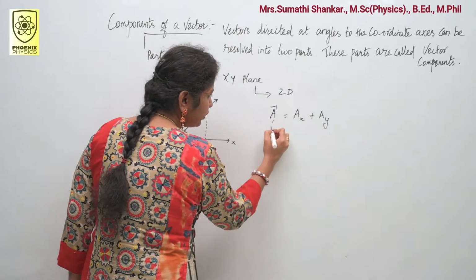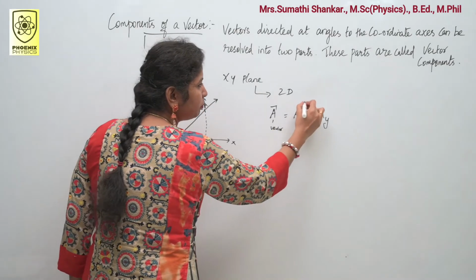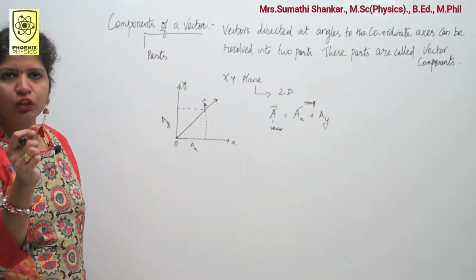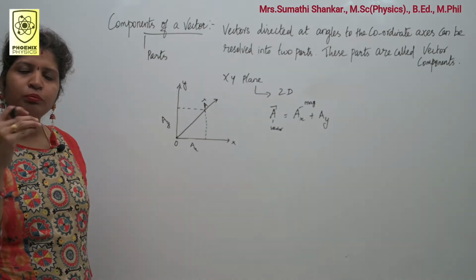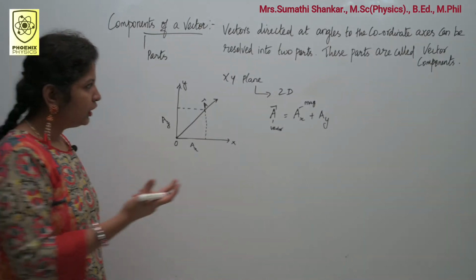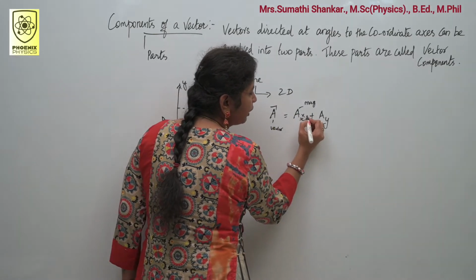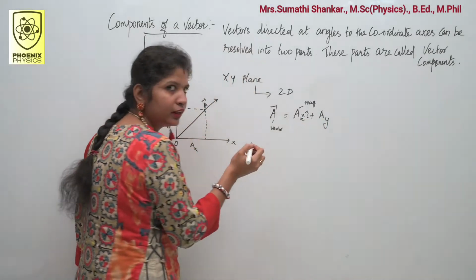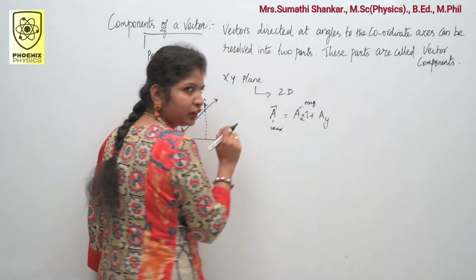Here A is a vector quantity and Ax is nothing but the magnitude. So what is the definition of a vector quantity? A vector quantity has both magnitude and direction. Here I have the magnitude, so just multiply with the unit vector and you get the vector quantity. Why am I multiplying with the i vector?